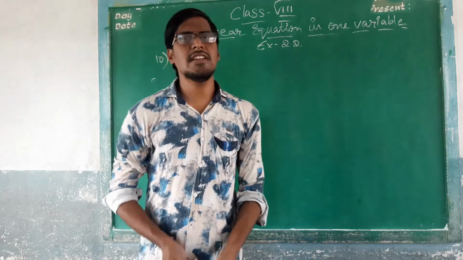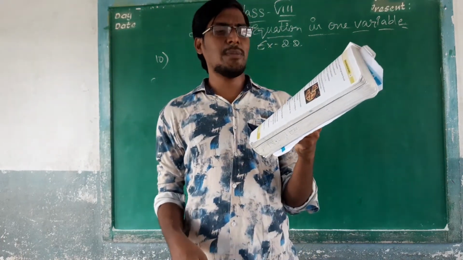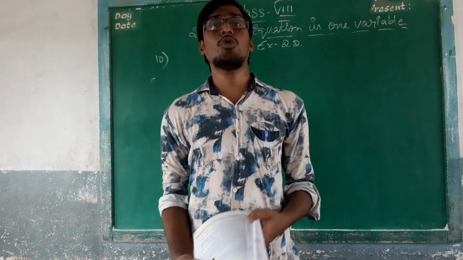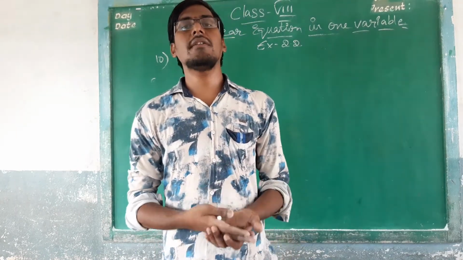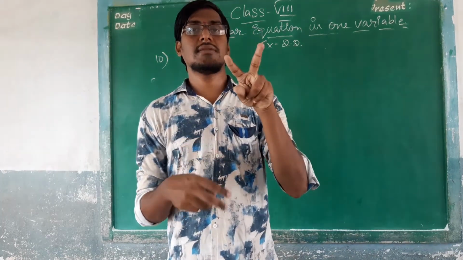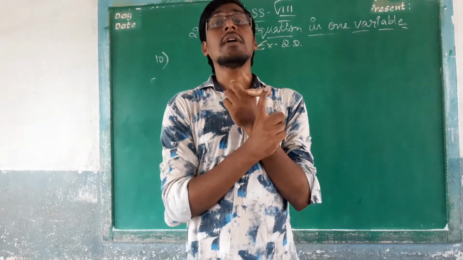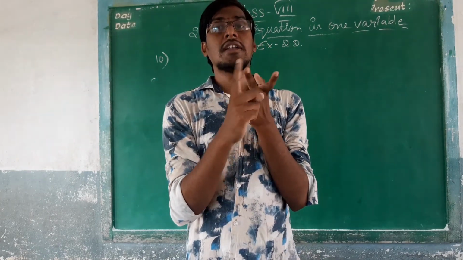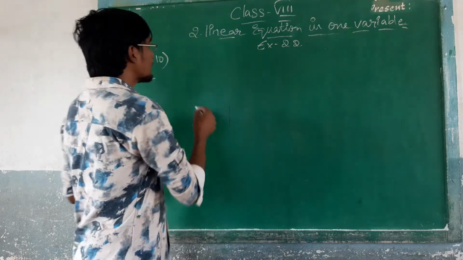What is the 11th sum given here? Two complementary angles differ by 12, and find the angles. Here given that two complementary angles. Let one angle be x, then the other angle, differing by 12, will be x plus 12.